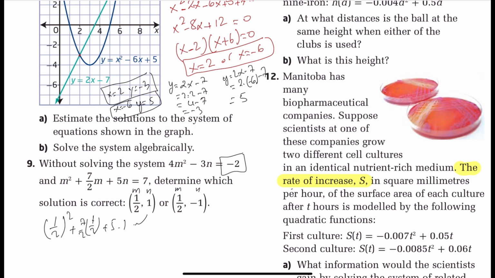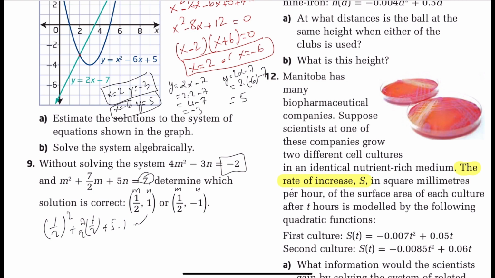But if I got something different, that means it's not the correct one. So for both points, I will use it for this equation and find how much it is, and find it is minus 2. And if I apply it in the other equation, I should find minus 7. And you can play with that and verify.